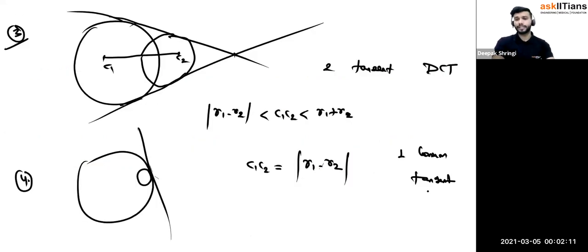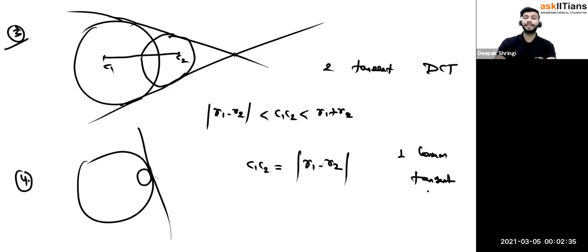Now there was a doubt here, someone had asked: sir, what is this mod of R1 minus R2, and why are we putting the mod? It's a very simple concept. Look, C1C2 is the distance between their centers, right? Now we know that C1C2 is always a positive number, because it is the distance between 2 points. Distance between 2 points is always more than 0, a positive number, right?